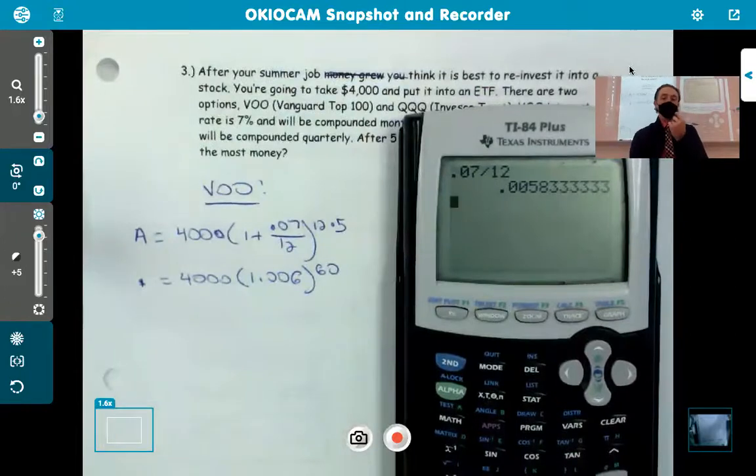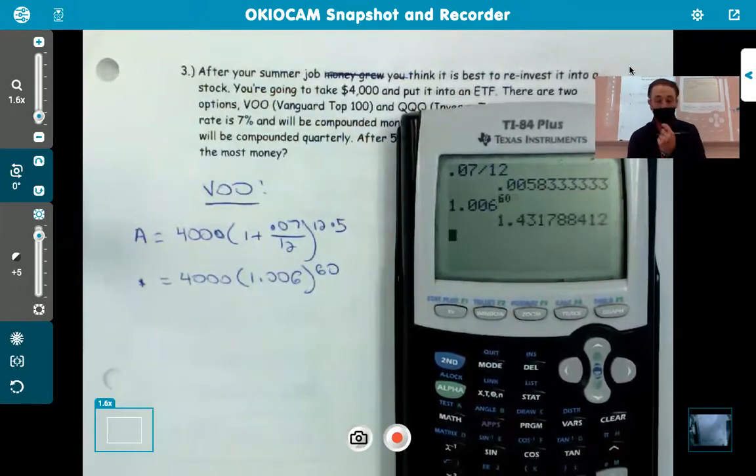So again, I just did 2 steps at once: divided the rate by the number of compounds, and then added the 1. So now I'm going to take that number, raise it to the 60th power, and I get 1.431788412. Well, if I were to take that and round to the nearest thousandth, what's the number going to be? 1.432. Good.